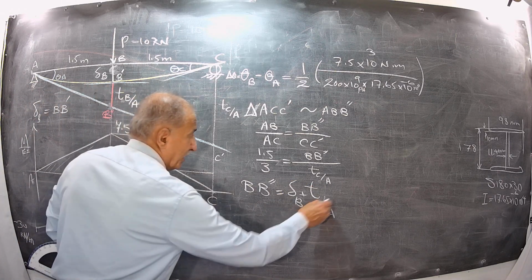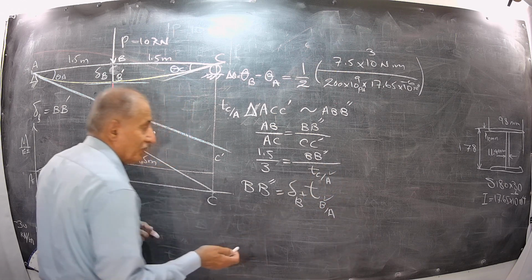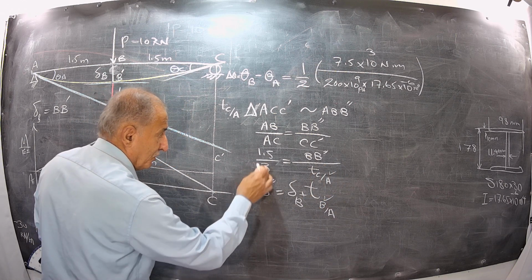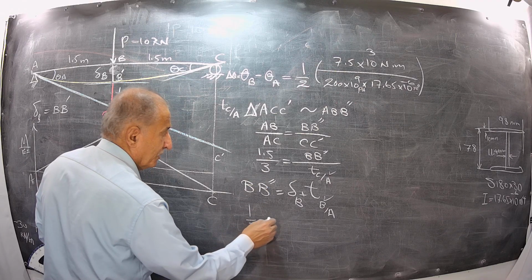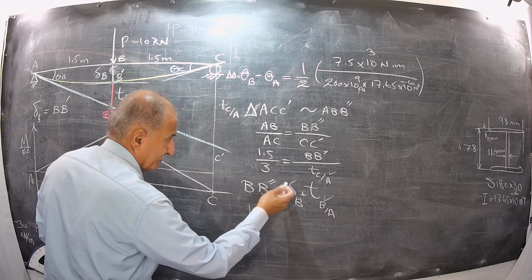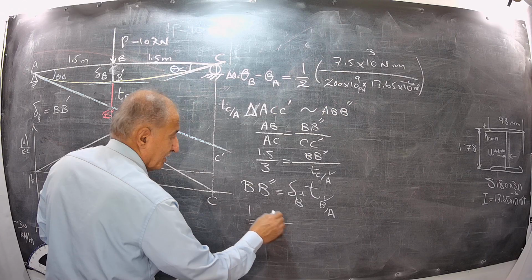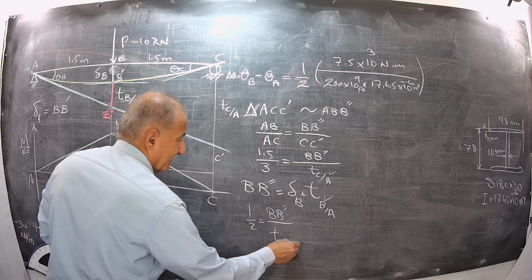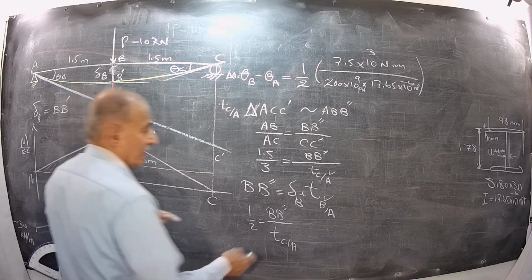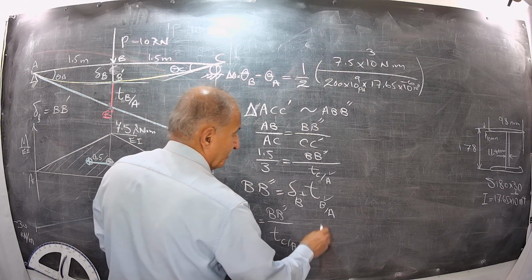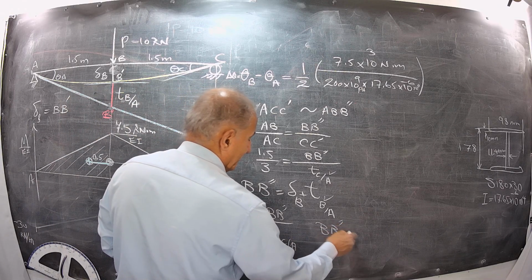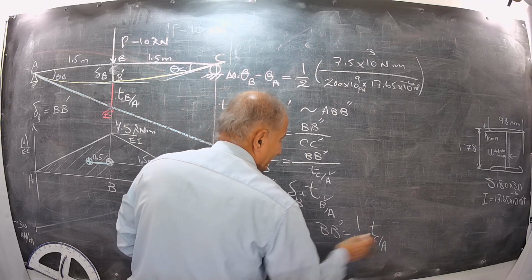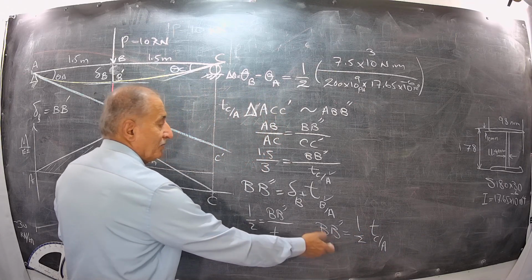If you can find TBA and then find TCA, what do we have? We have 1 over 2 TCA equals BB''. So BB'' is equal to half TCA. What is BB''?